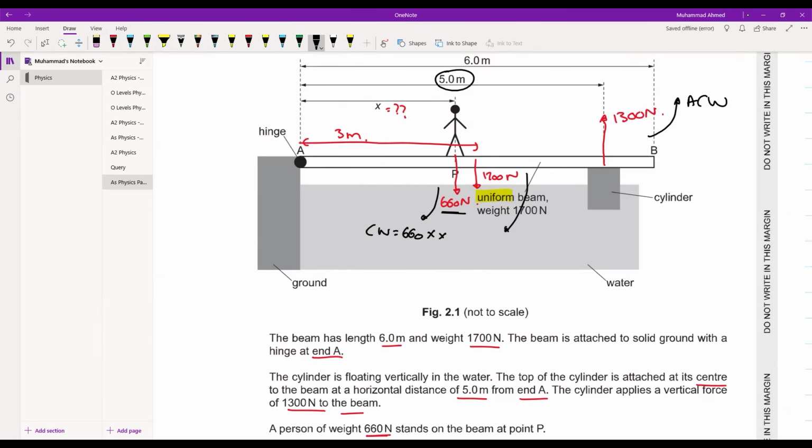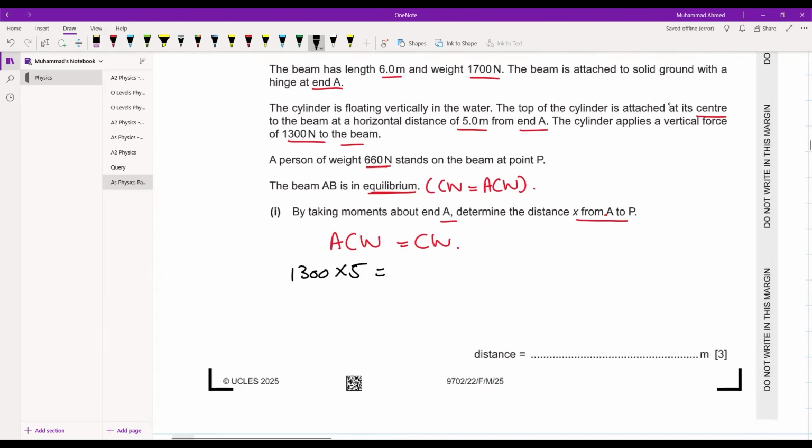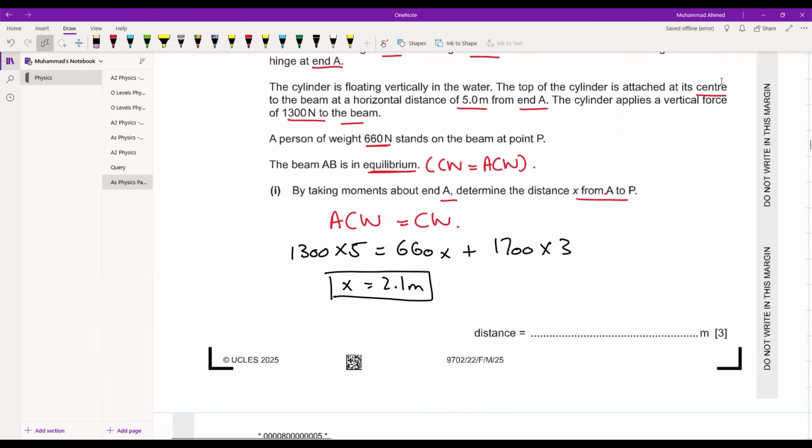Due to the 1700 Newton force, 1700 into 3 is another clockwise moment. We add both up: 660 x plus 1700 into 3. What will the value of x be? x equals 1300 into 5 minus 1700 into 3, divided by 660. The value of x comes out to be 2.1 meters. Easy peasy, lemon squeezy, nothing complicated here.